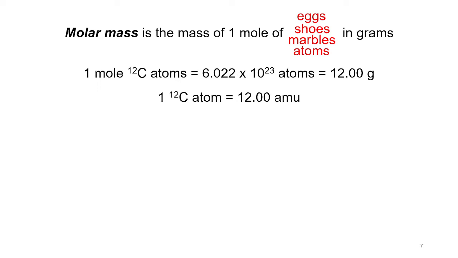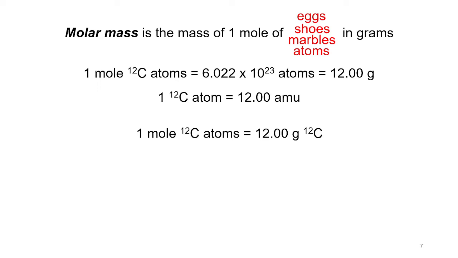So what is that 12 grams? 12 grams is actually equal to the atomic mass of carbon 12, wherein one carbon 12 atom weighs 12.00 atomic mass units, meaning to say 1 mole of carbon 12 atoms is equal to 12 grams of carbon 12. That applies to all elements.